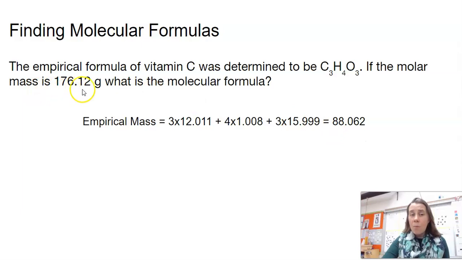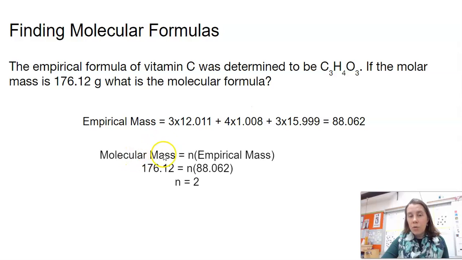Right? Our molar mass for this compound is 176. So this isn't the molecular formula, right? Because the masses are not the same. But we know that the molecular formula has to be some whole number times the empirical formula, which means that the molecular mass must be a whole number times the empirical mass. So we know our molecular mass is 176.12.